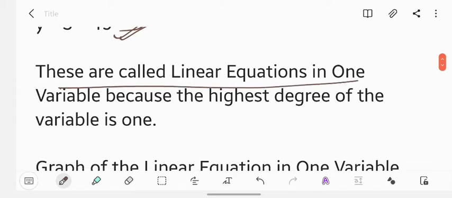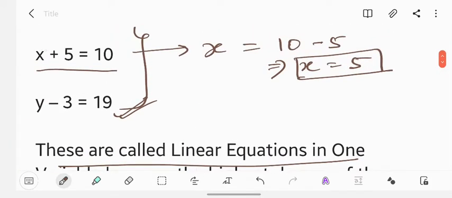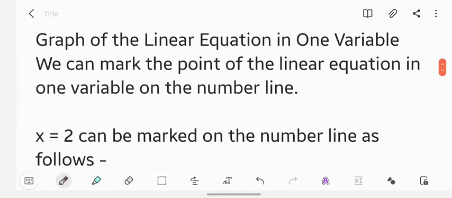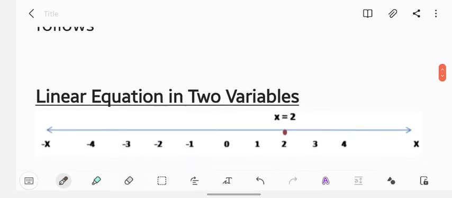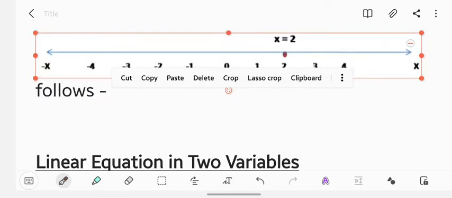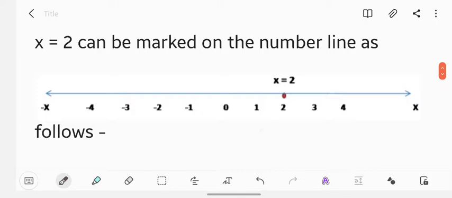These are called linear equations in one variable because the highest degree of the variable is 1, as well as we are using only one variable, that is x and y in this case. And the graph of the linear equation looks like this.